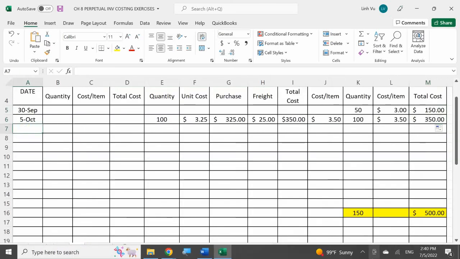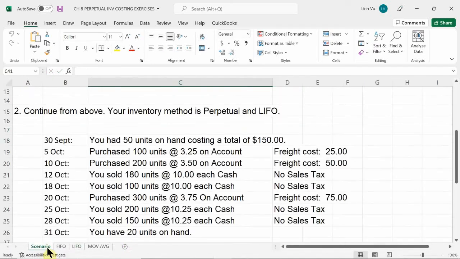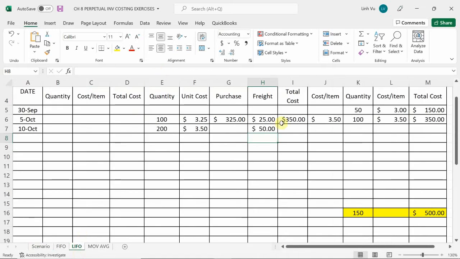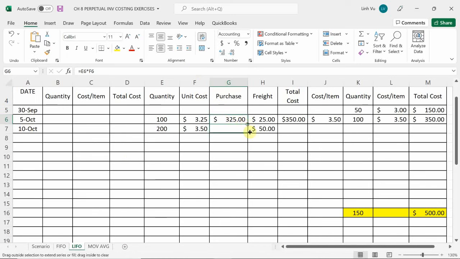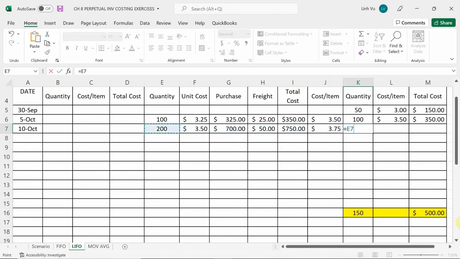So what's my purchase price here? $700, plus 50, is $750, which is going to give me a cost per item of $3.75. I'm going to carry that over into my inventory on hand.